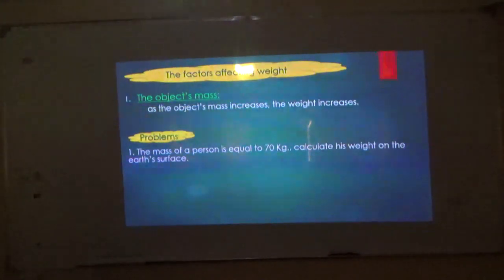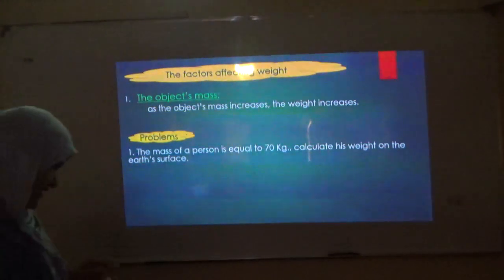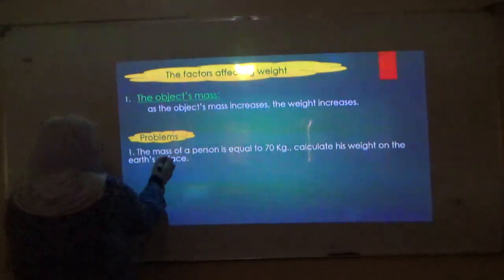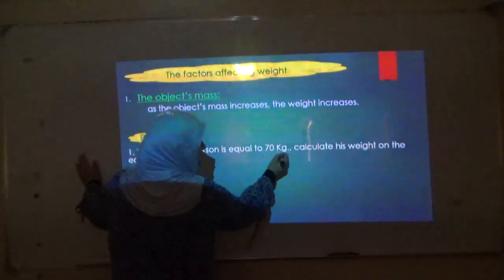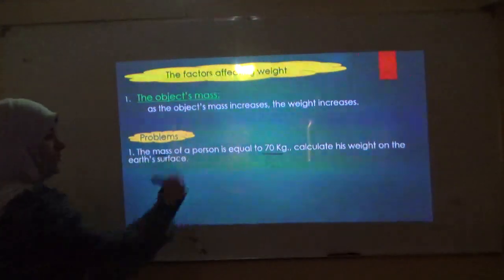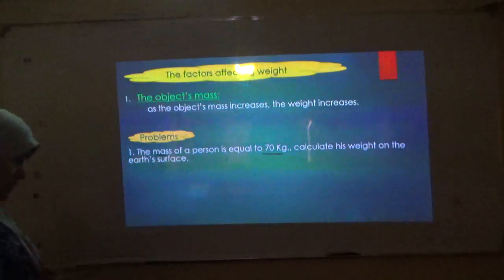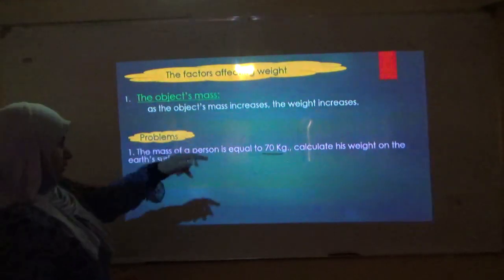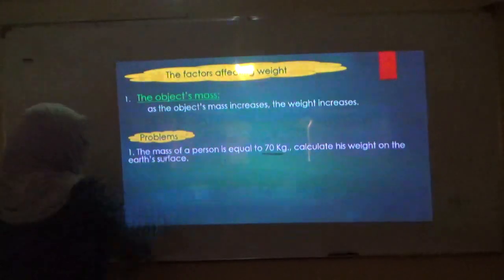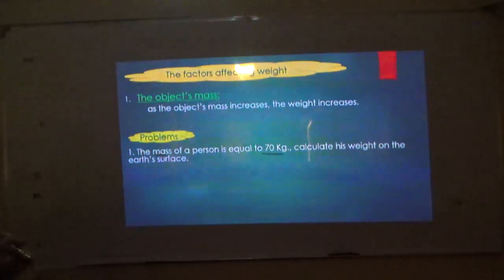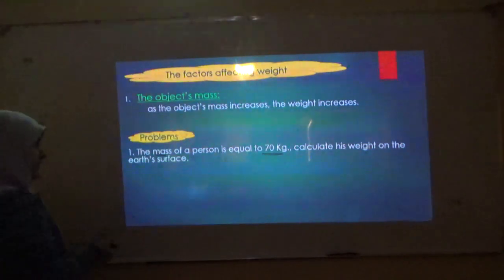For the problems, the mass of a person on the surface of the earth equals 70 kilograms. Calculate the weight of this person on the earth's surface. We all know that the weight on the earth equals mass multiplied by 10.